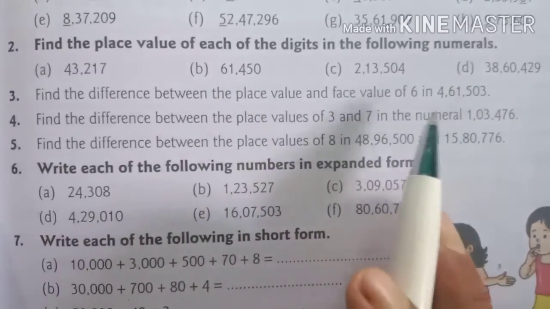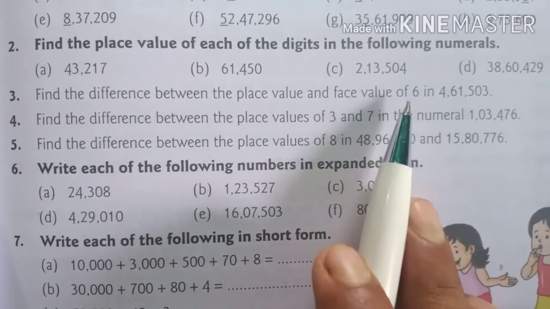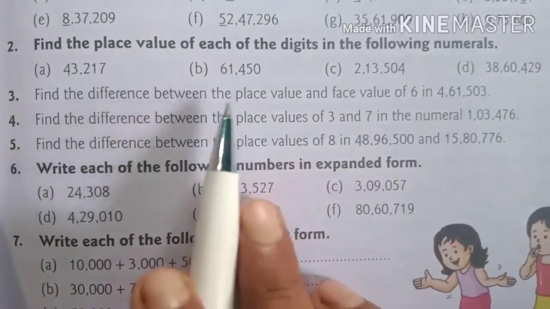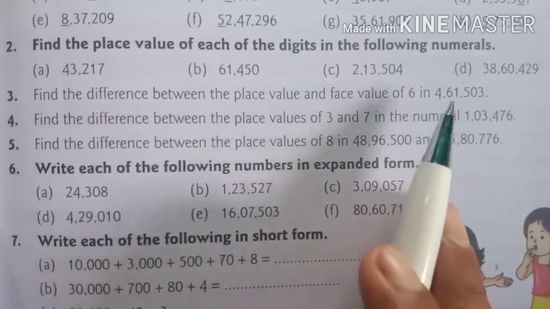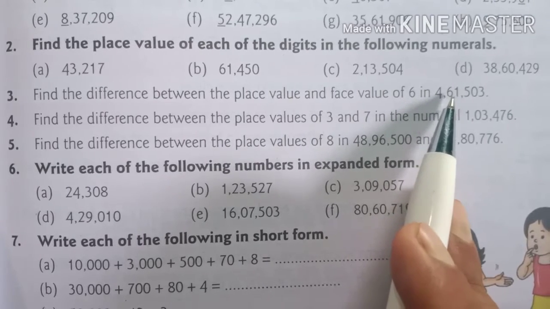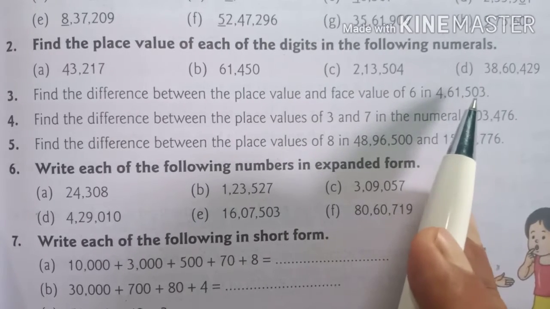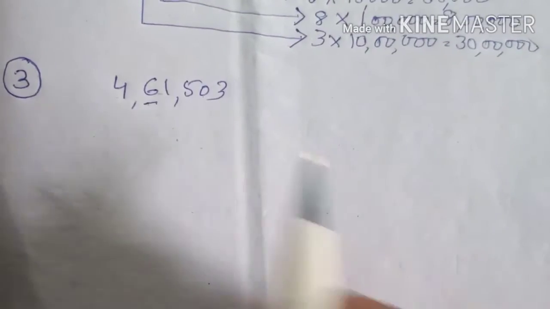Irrespective of the place it resides, face value will be that number itself, and place value will be, as I told you earlier, 6 multiplied by its place value 10,000, that is 60,000. So you will calculate this like this, see question number 3.